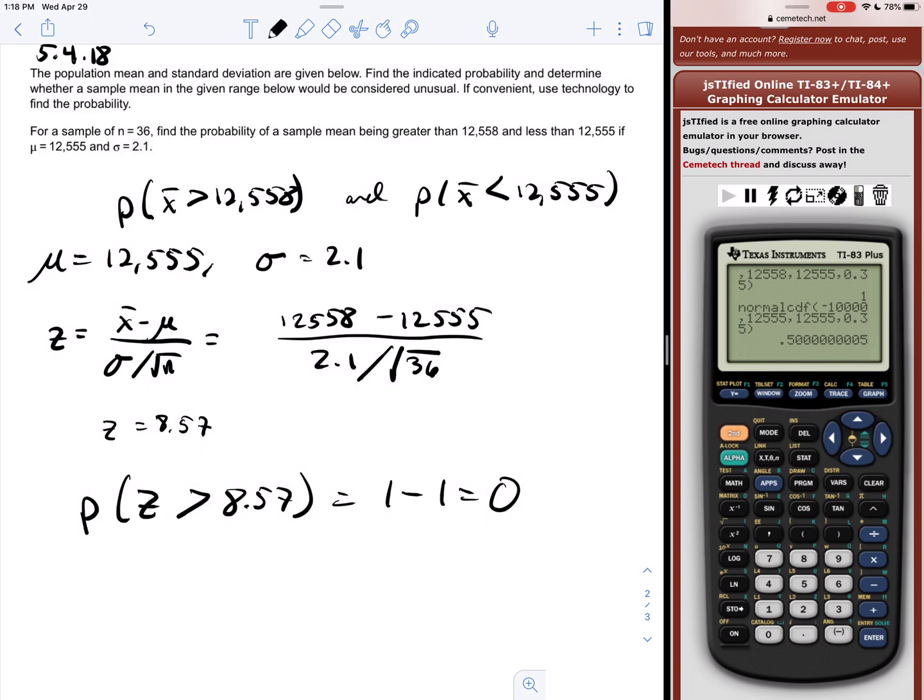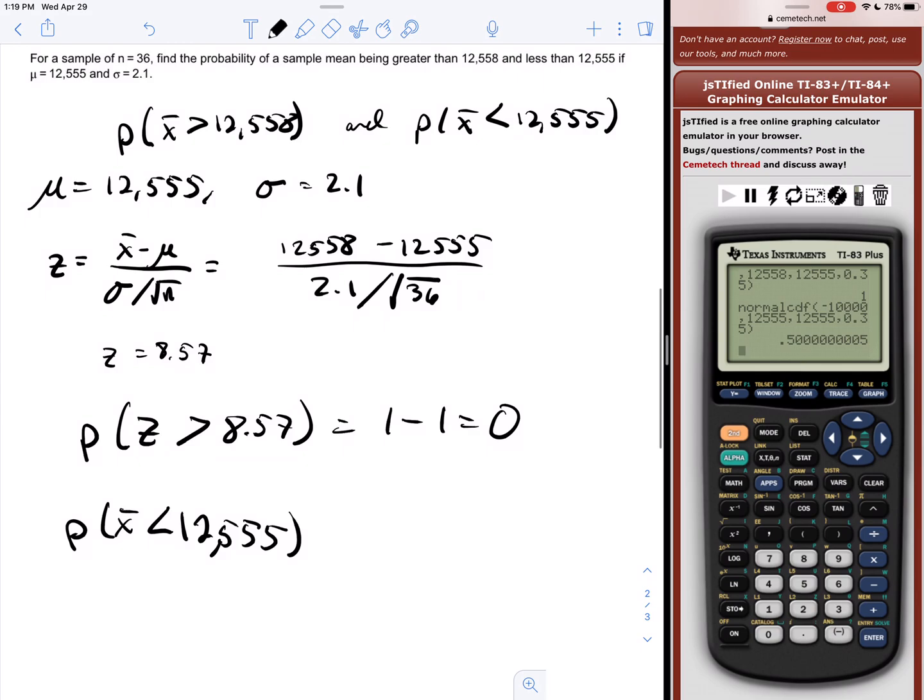Am I missing something? Oh, it's going to produce a z-score. Then we find the probability. Yeah, that makes sense. Okay, so that's 50%, right? So what we just calculated was the second part, that the probability that the x bar is less than 12,555. Find the z-score. That probability ended up being 50%.